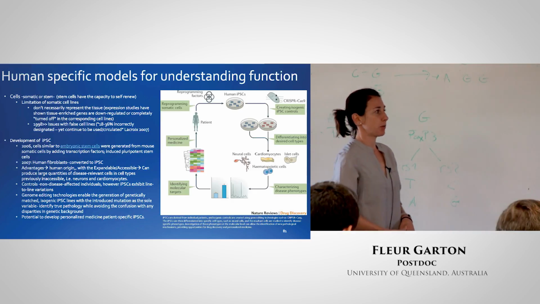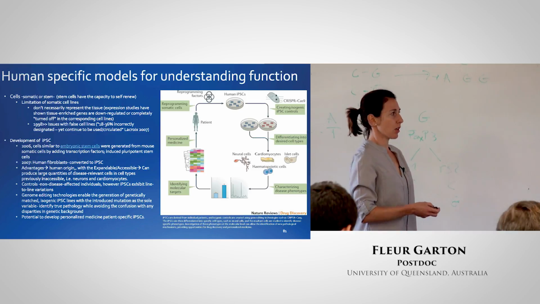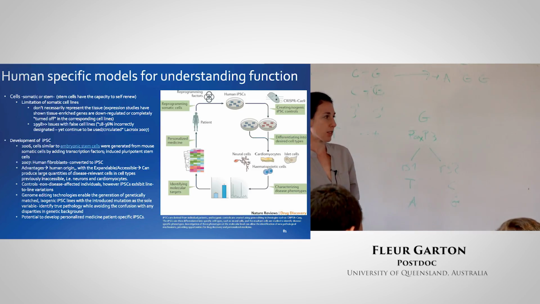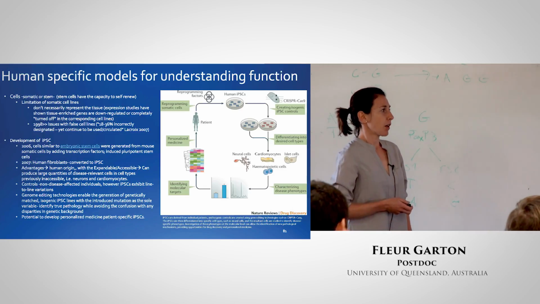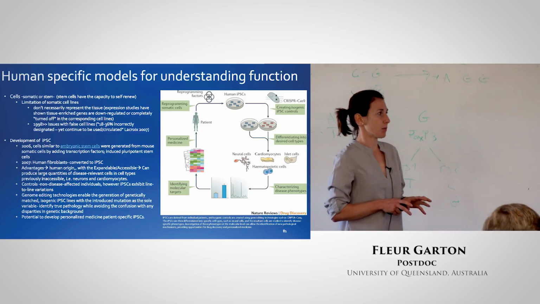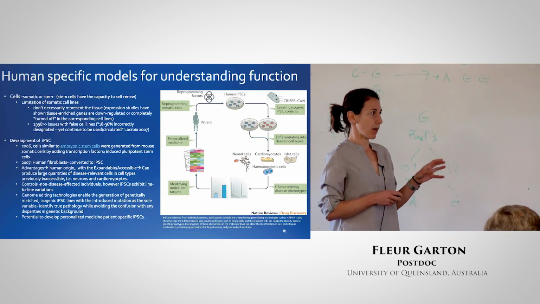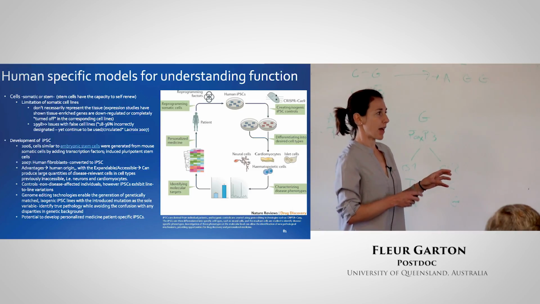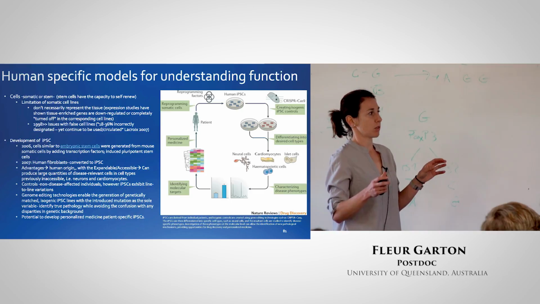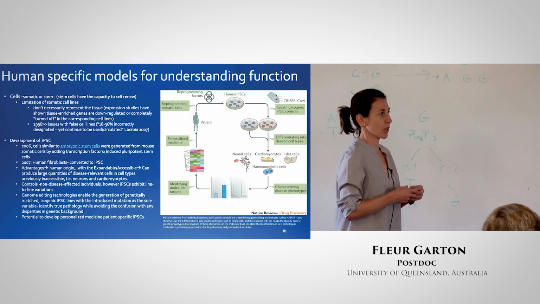Excitingly, there's been this development of iPSC. The method was first published in 2006. This is the creation of cells that were actually similar to embryonic stem cells. These were generated from mouse somatic cells by adding transcription factors to become what they call induced pluripotent stem cells.